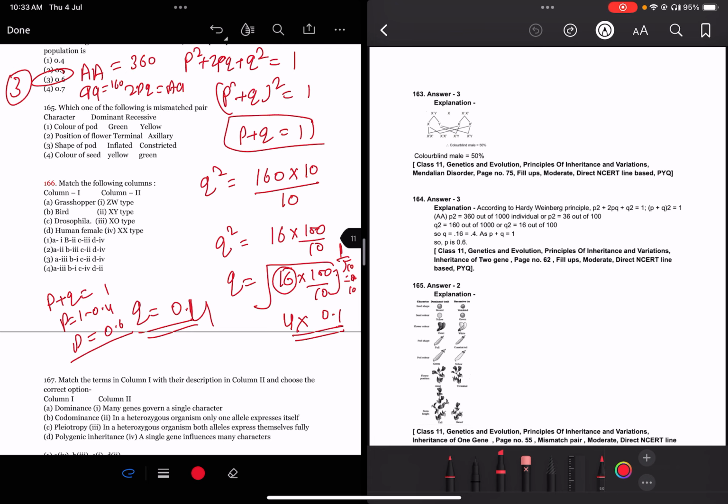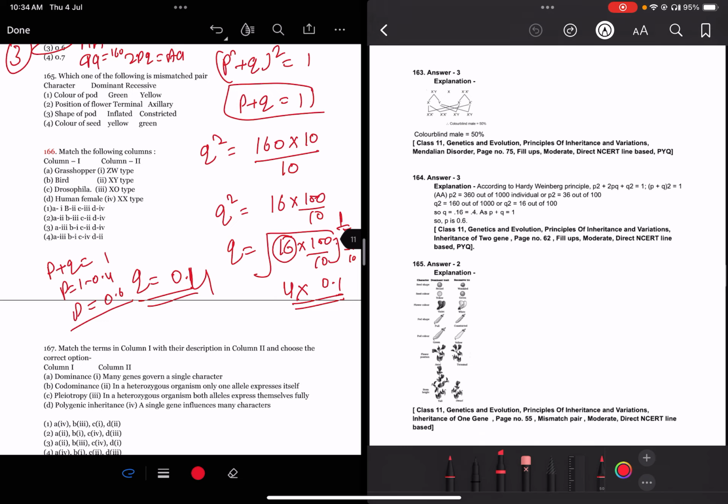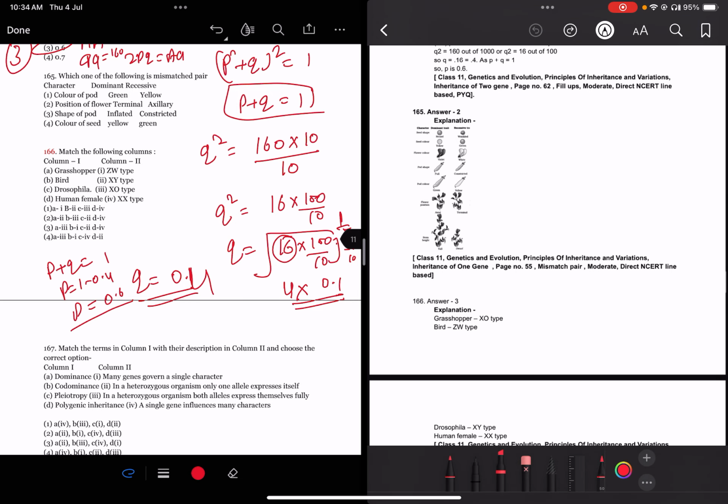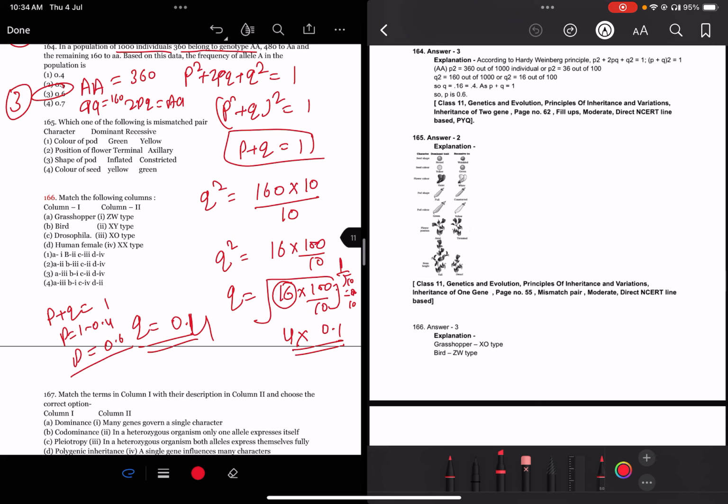You can understand this. If you have no problem, directly 160, 16 of 10, under root of 10. What is under root 10? 0.1 multiplied by under root 10. Okay, this is the 165 question.